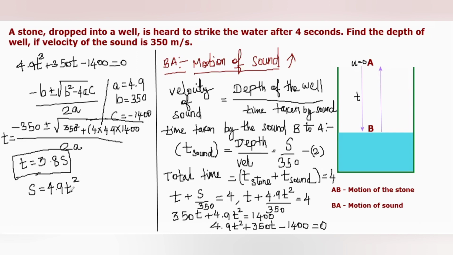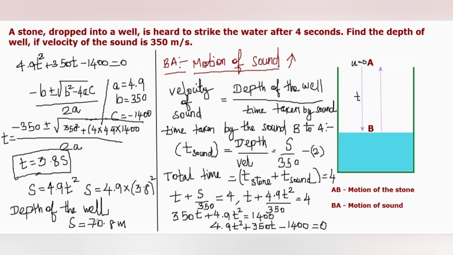Now substitute the value of t in this equation. So S equal to 4.9 multiplied with 3.8 the whole square, that is 70.8 meters. So this is the required final answer, the depth of the well.